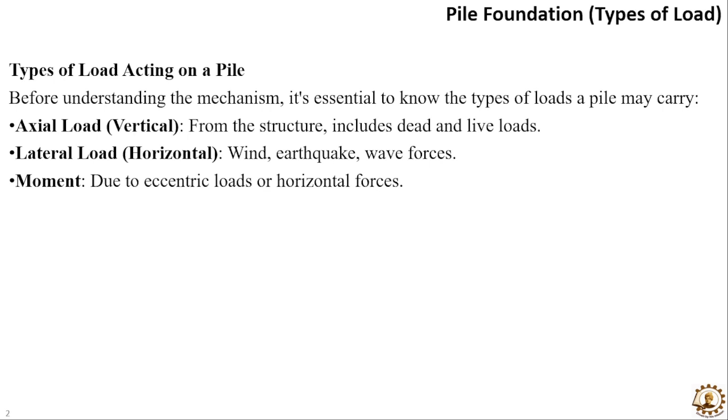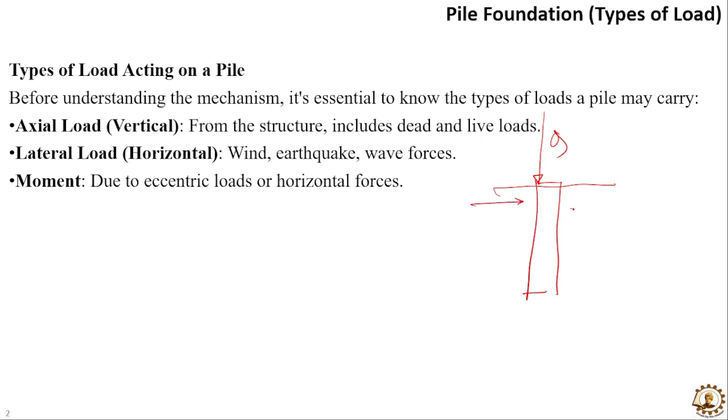Now, before proceeding to the load transfer mechanism of pile foundation, first we need to understand what loads are acting on the pile. There are three kinds of loads generally acting on the pile. The first one is the axial or vertical load. That means if I install a pile on the site and the load is coming from the superstructure vertically downward, it is known as axial load.